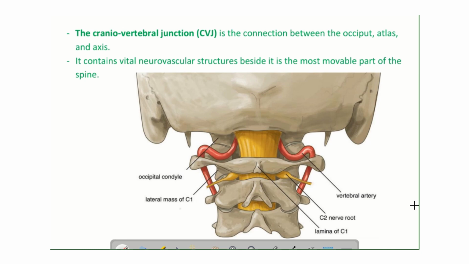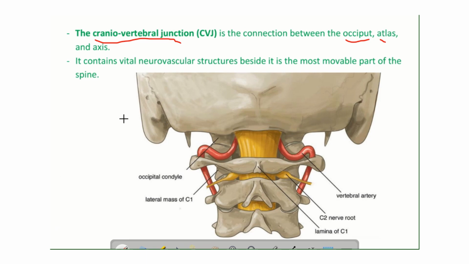In this lecture we will describe the craniovertebral junction anatomy. This junction is present between the occiput or the skull and the upper two cervical vertebrae, which are the atlas and the axis.